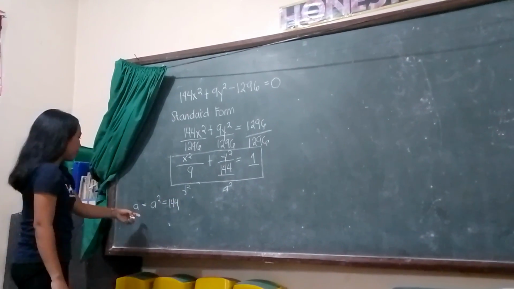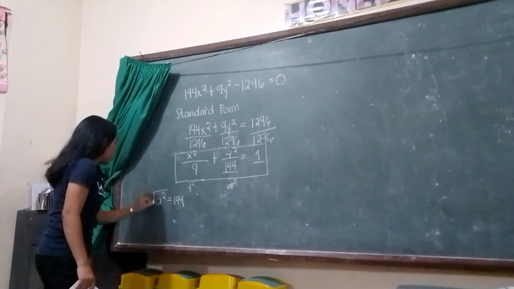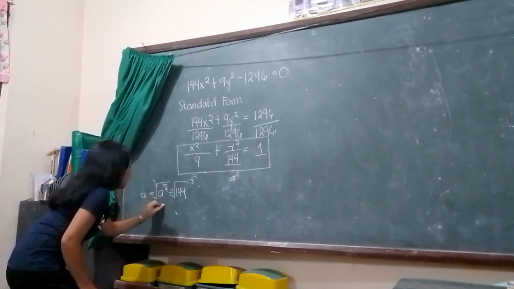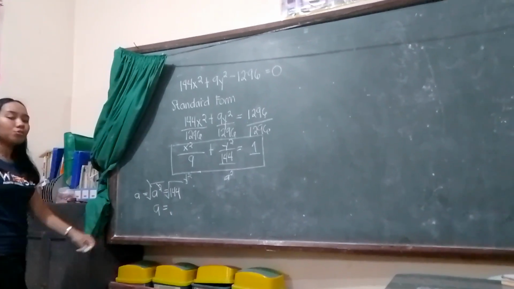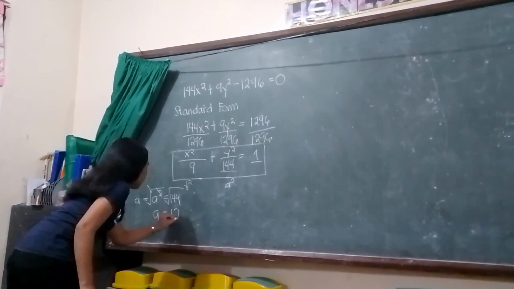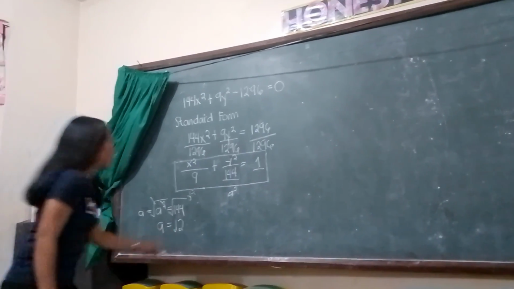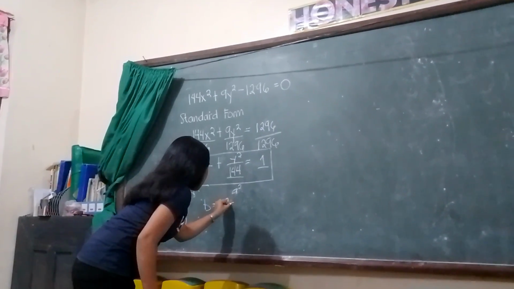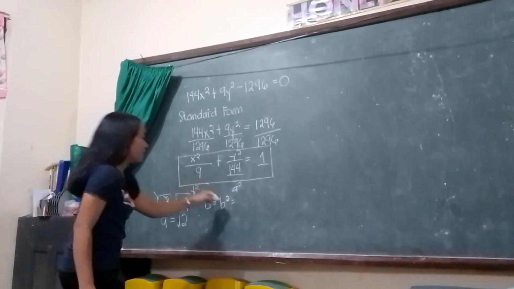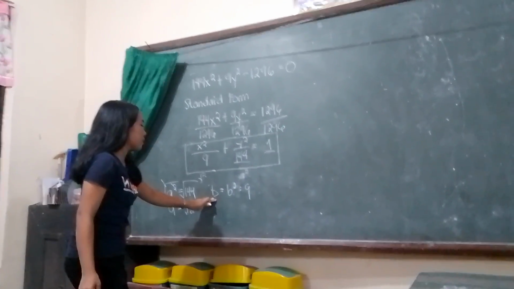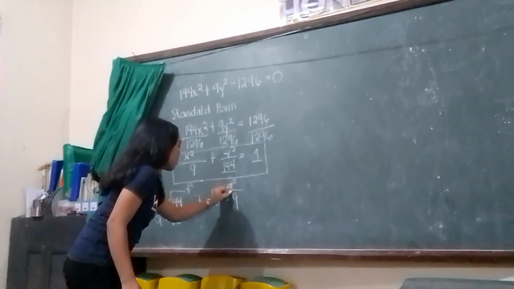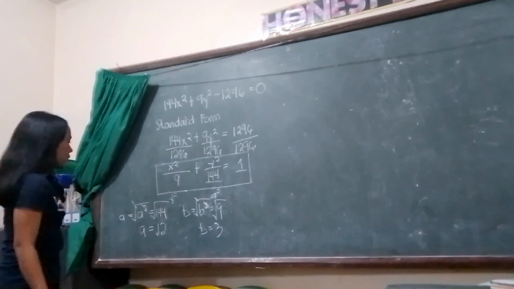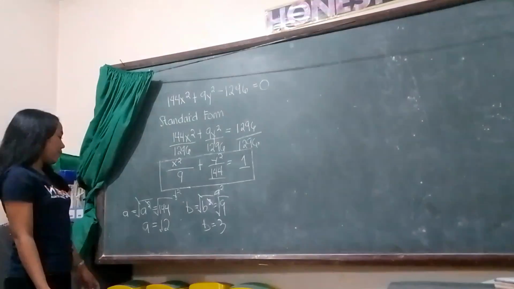To find this one, all we have to do is to take the square root. So our a right now is equal to 12. So we have the value of a. And for b, we have b squared is equal to 9. And to get the b, we take the square root, so b is equal to 3. We also have here the value of b, which is 3.